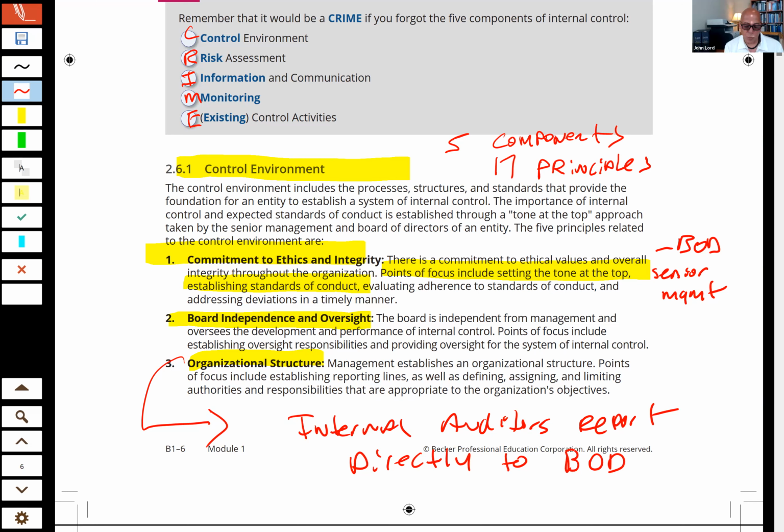When I was looking at housing agencies, they call it a board of commissioners, I would always ask management, do you have internal audit reports, and are those going directly to the board of commissioners? Then we would follow up with the board to ask, are you receiving and reviewing these reports?